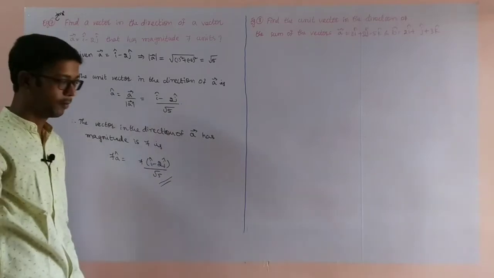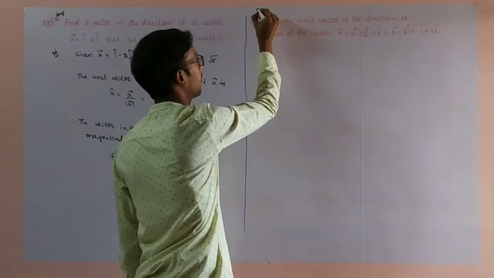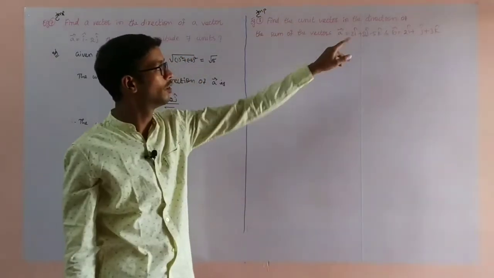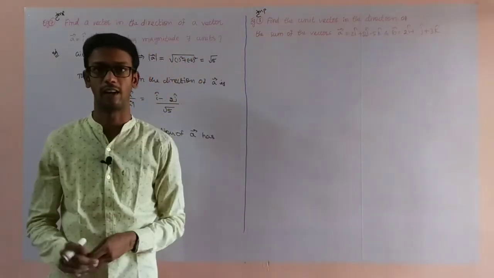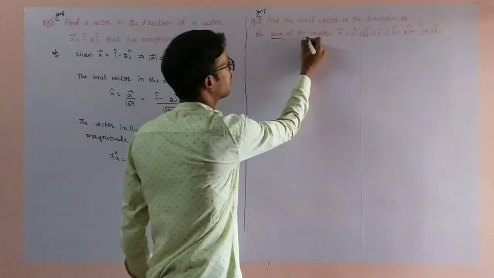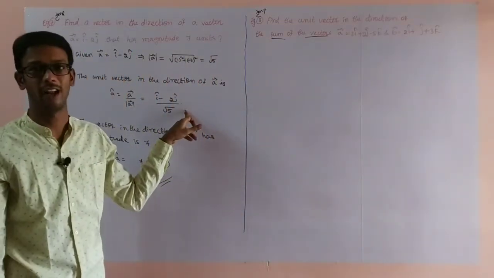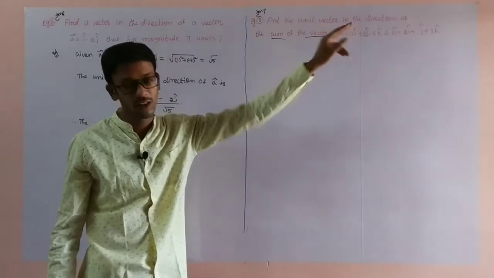Next, problem number 8 is also important. Find the unit vector in the direction of the sum of the vectors, not a single vector. The previous problem had a single vector a bar; this problem has the sum of two vectors.